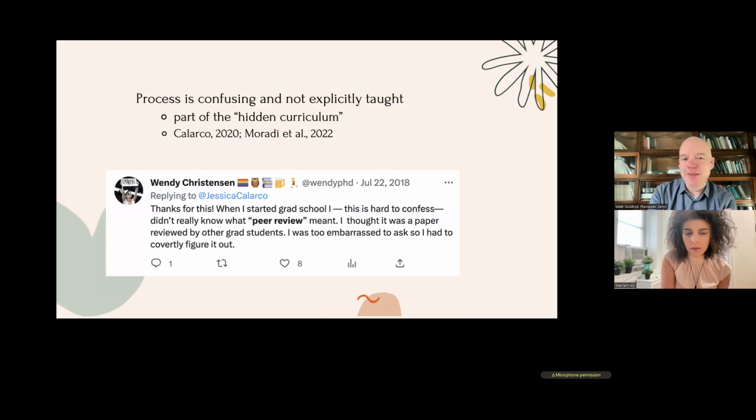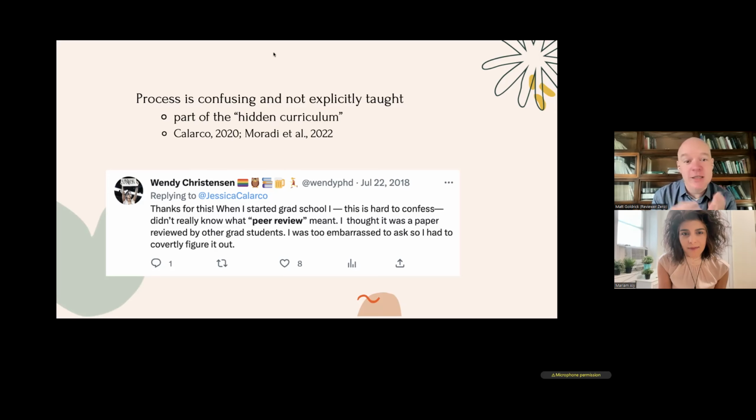So part of what happens with peer review is that the process is actually pretty confusing and it's not explicitly taught. And that's a big part of what we want to do today. It's part of the hidden curriculum that we want to make more visible. And if you feel like, I have no idea how peer review works and I'm totally alone, you are not totally alone. Almost every single person who comes into graduate school has no idea what peer review is.